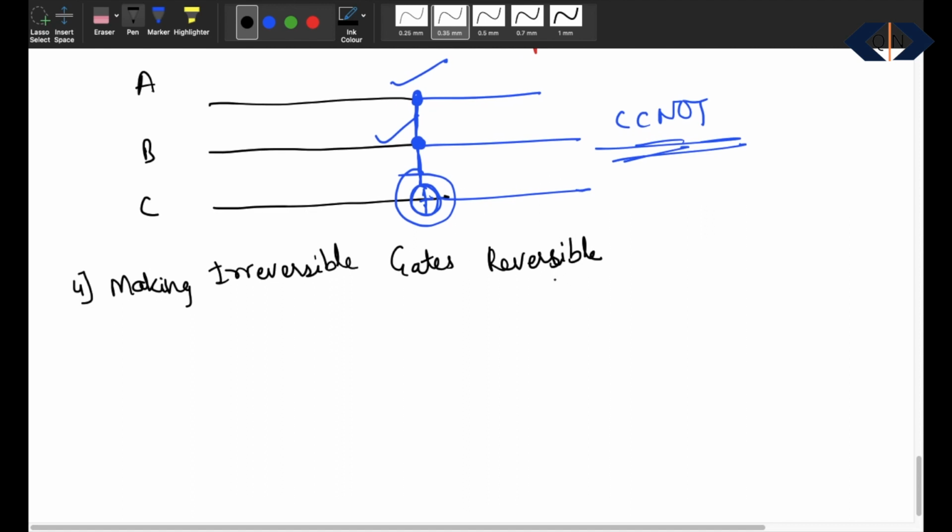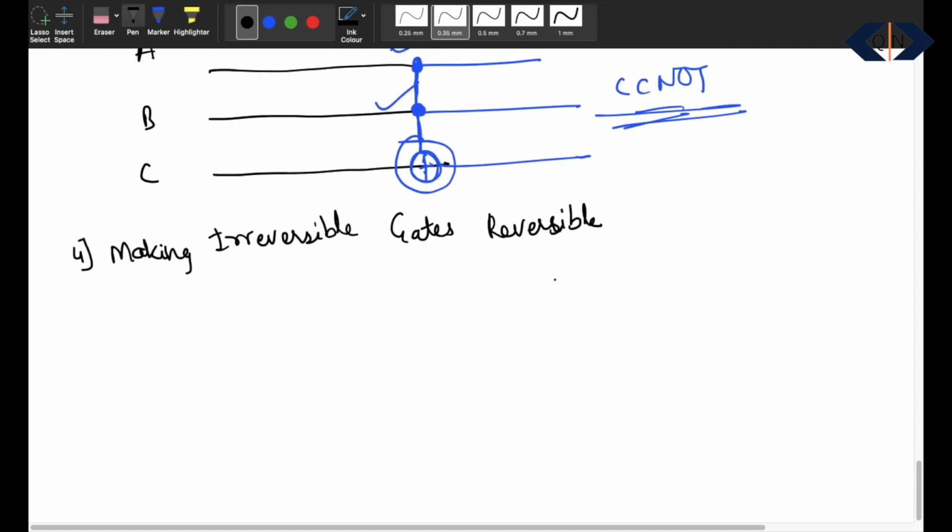So suppose we have a gate, we don't know what gate it is, so it is just a gate.